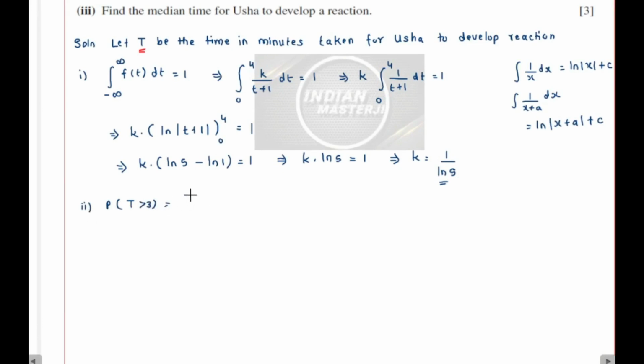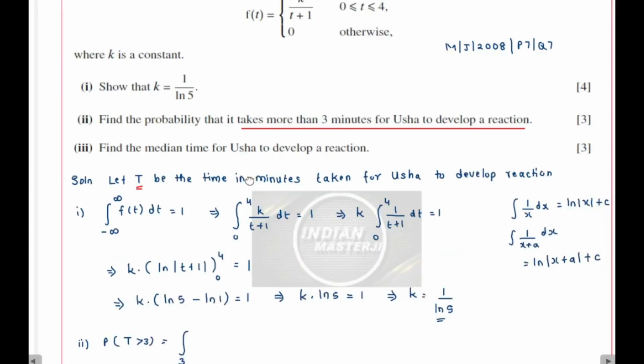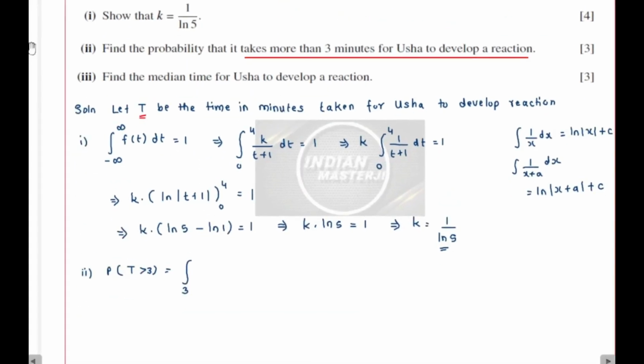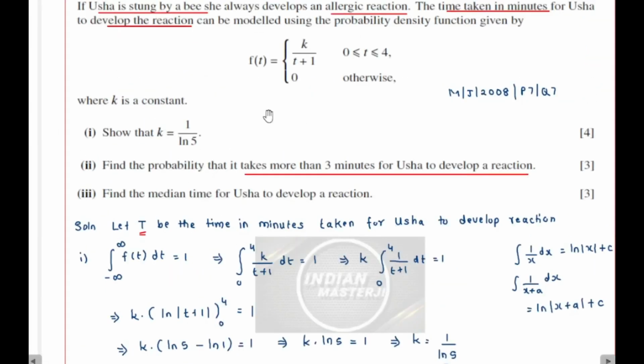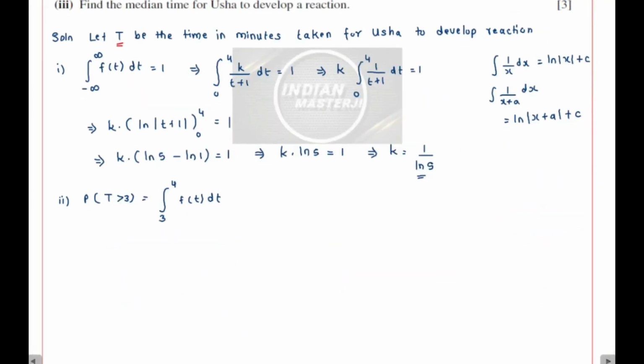So T greater than 3, that means I will have to integrate from 3 till the upper limit here. What is the upper limit of T? That is 4, for which f of T is defined. So I will have to integrate f of T from 3 to 4, correct? But f of T is k upon T plus 1, and k we got as 1 by ln 5.